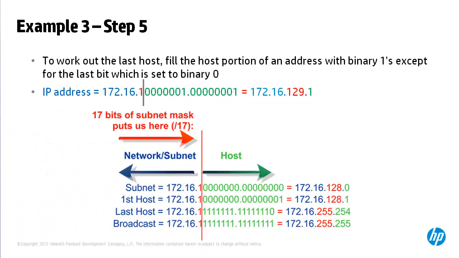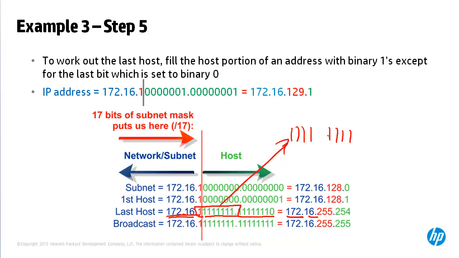To work out the last host, we fill the host portion with binary 1s except for the last bit, which is a binary 0. So 172.16. The third octet is filled with 1s.